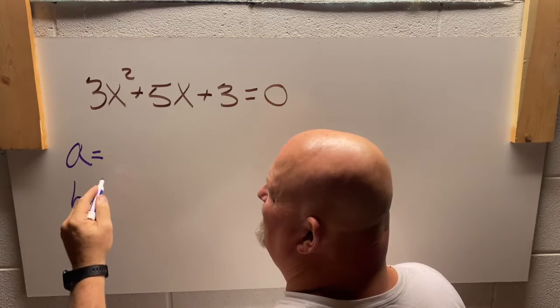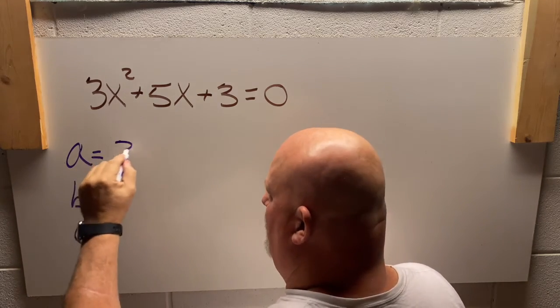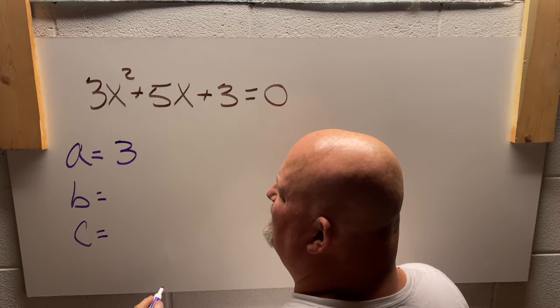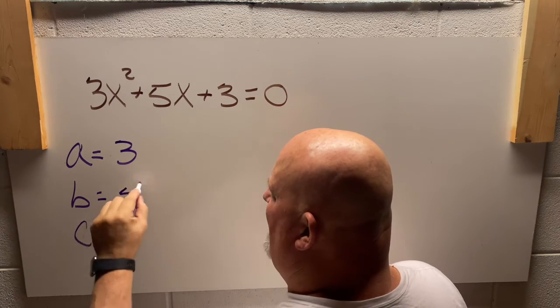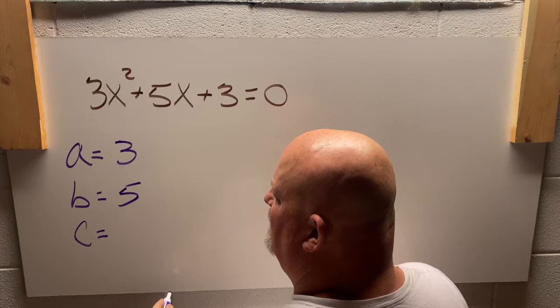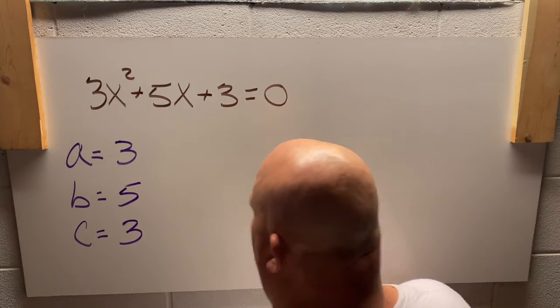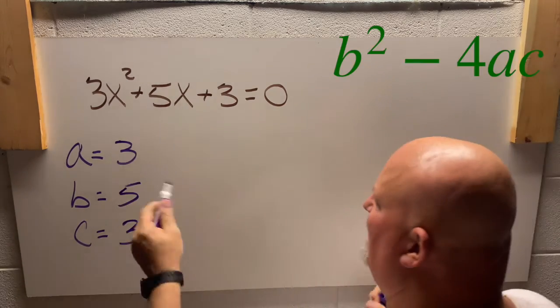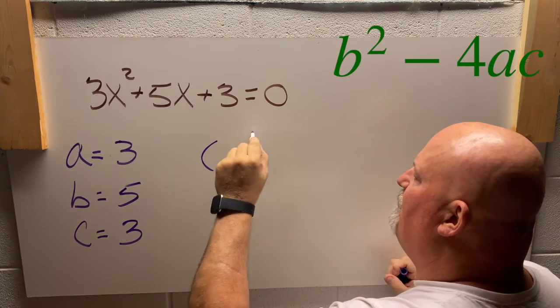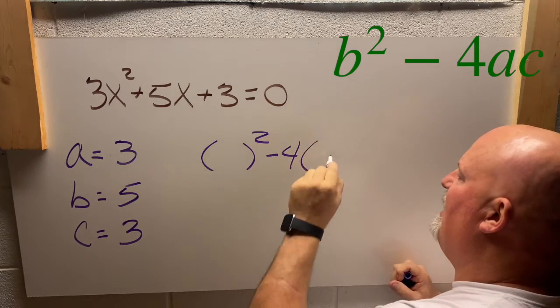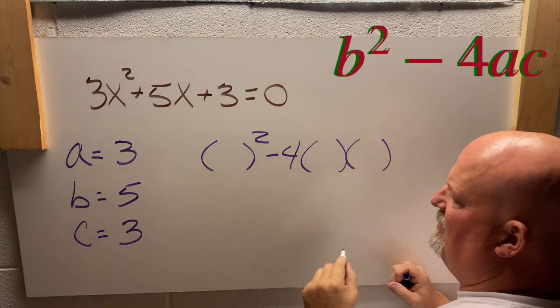So a is 3, b is 5, and c is 3. Good job. So now we've got to put these into our discriminant. So we have b squared minus 4 times a times c.